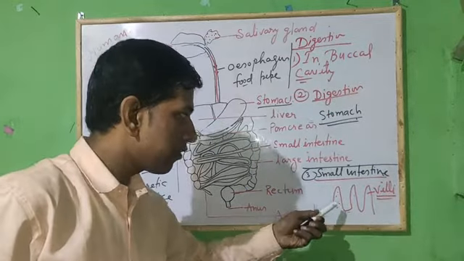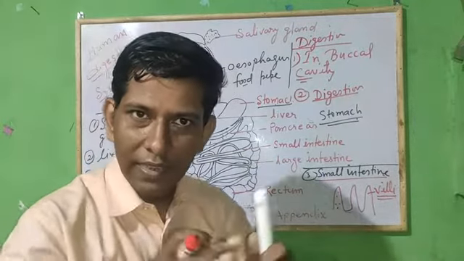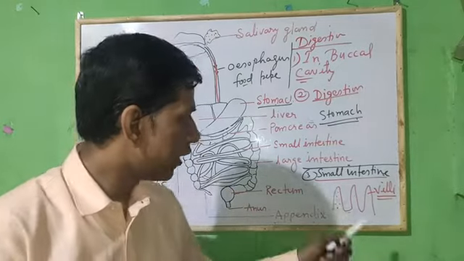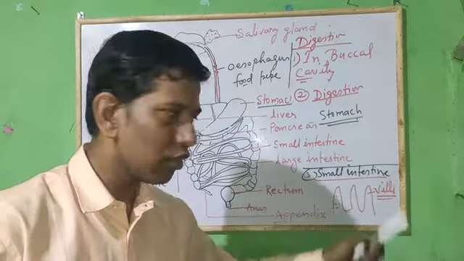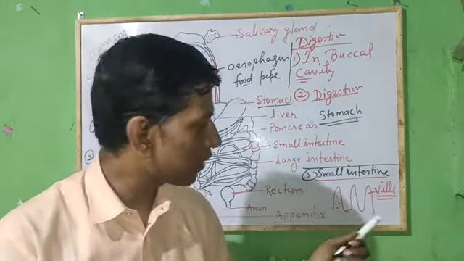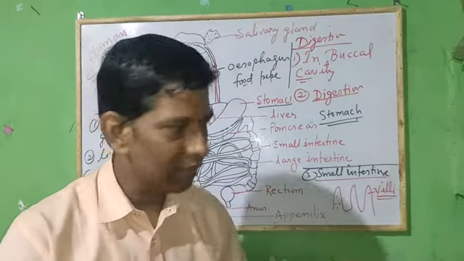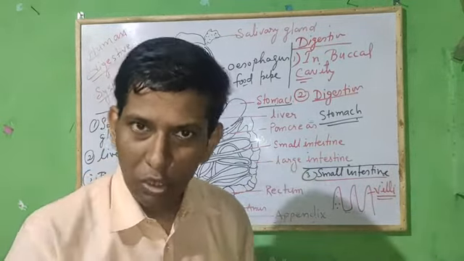The presence of villi on the inner side of the small intestine increases the surface area and also the rate of absorption of the nutrients. These small finger-like projections, called villi, contain blood vessels. When the complete digestion takes place, the villi are responsible for absorption of the nutrients.